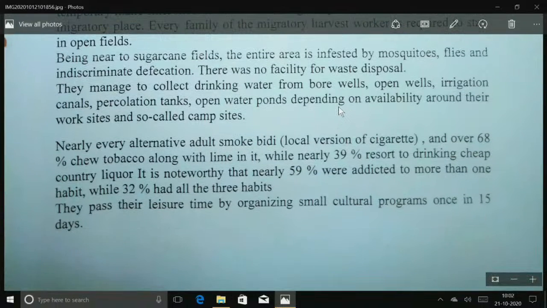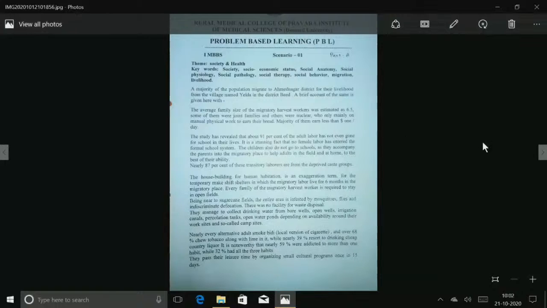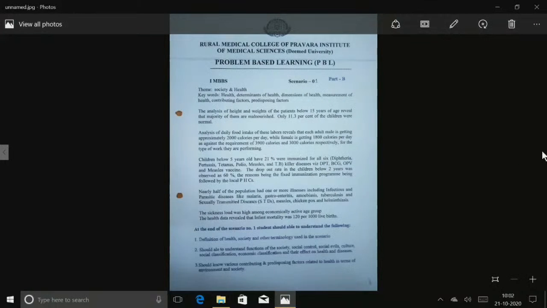I hope you are done with the first part. I'll move to the second, or this part B of the scenario.